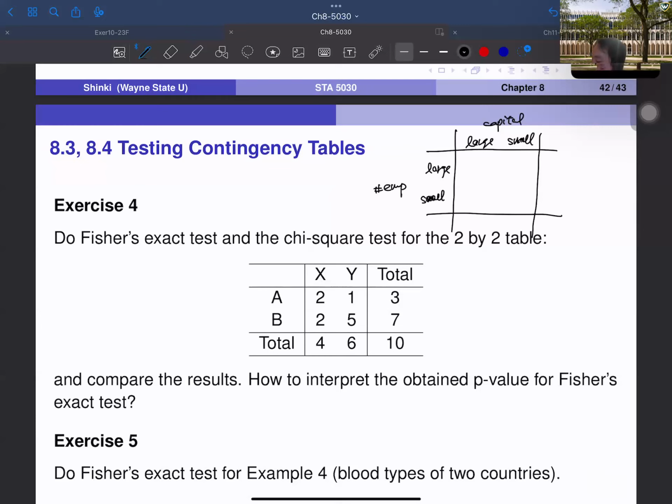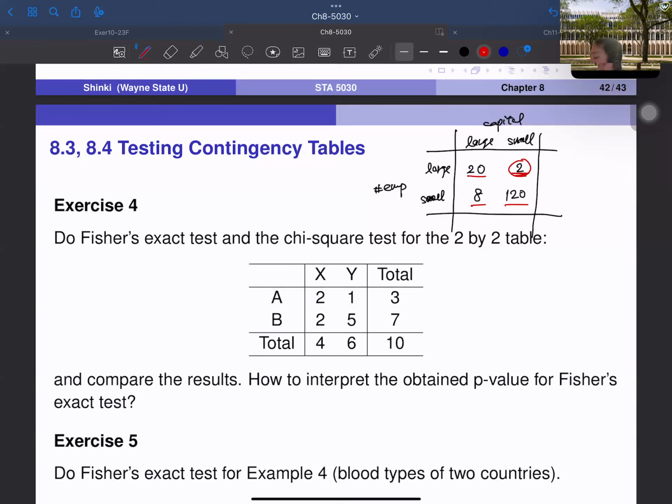These numbers are somewhat large, like 20, maybe 8, and 120. Sometimes some cells are really small, like 2: very small capital but a large number of employees, which is very uncommon. In such a case, we cannot really use the chi-square test reliably. Most cases are fine, but some cells have very small numbers.